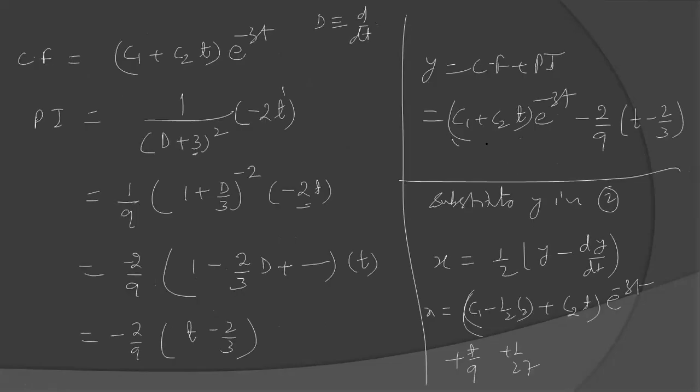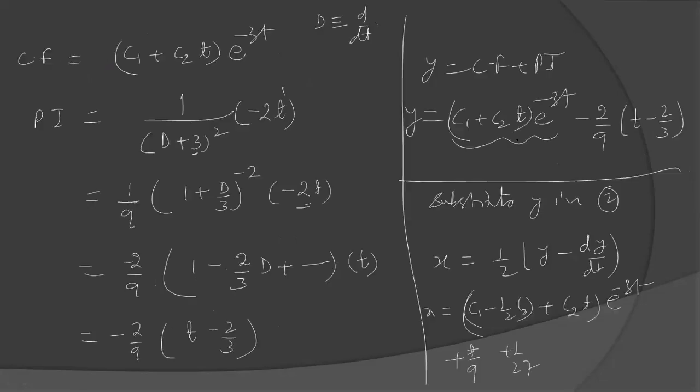So let us see what is your first equation. If you put t equal to 0 in both the equations, y is 0, actually this is y, then your first equation will become 0 equal to c1 plus 4 by 27.